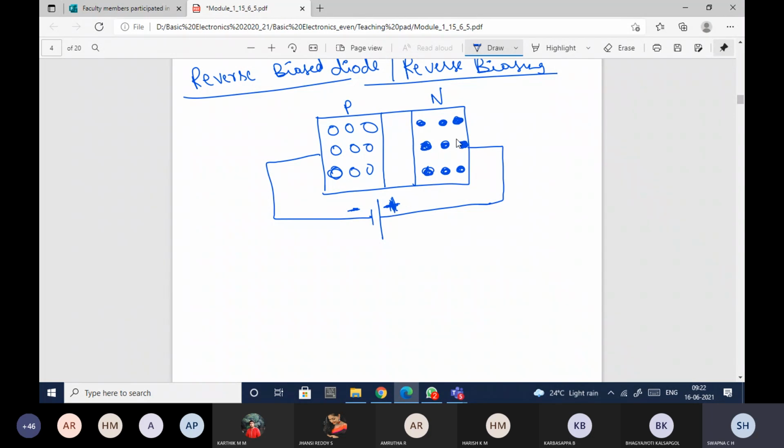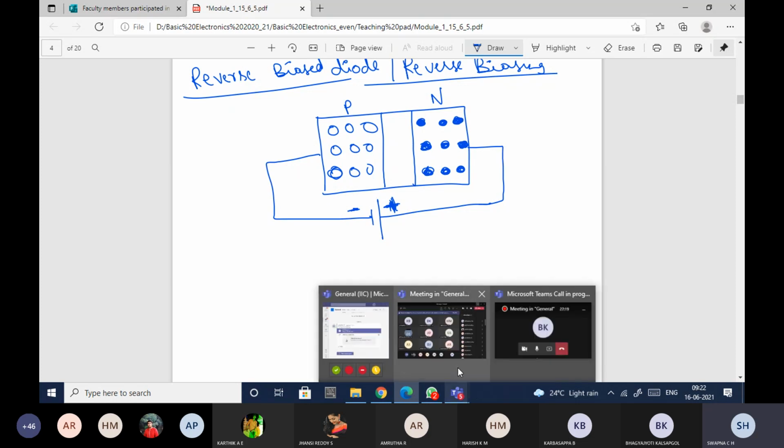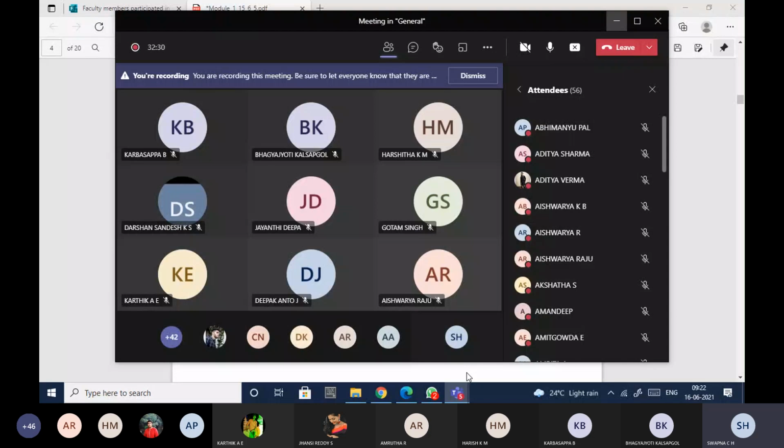There will not be any diffusions. I'll explain. Anybody else can try? Shweta? Shweta, are you there?